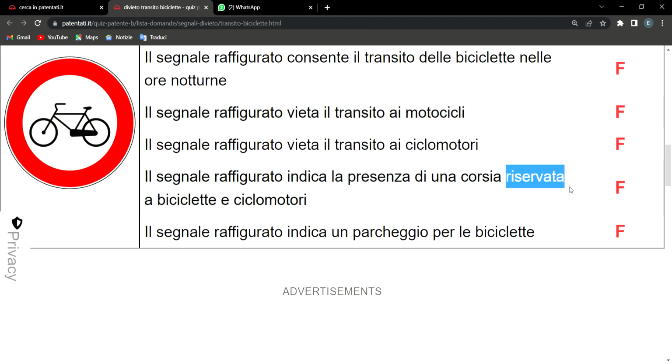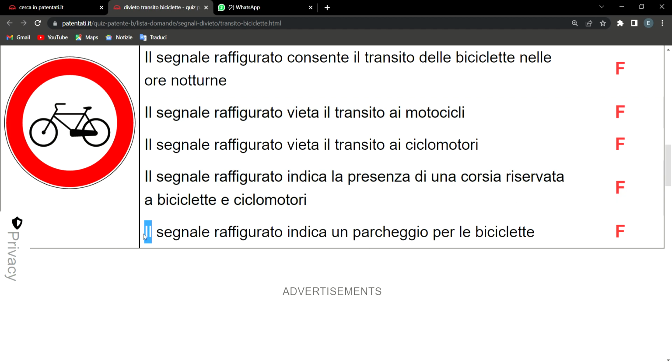This riservata simply means reserved. A road that is reserved for bicycles and ciclomotore is falso. This very sign is not a sign placed on a road reserved for bicycles and ciclomotore. It is a prohibition sign placed on a road which does not permit the transit of bicycles. So this is the reason why this one is falso.